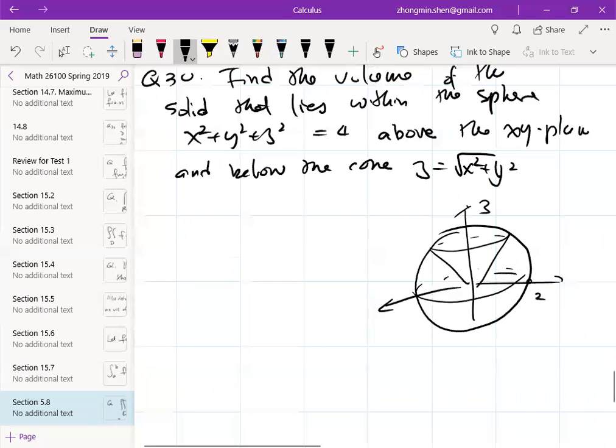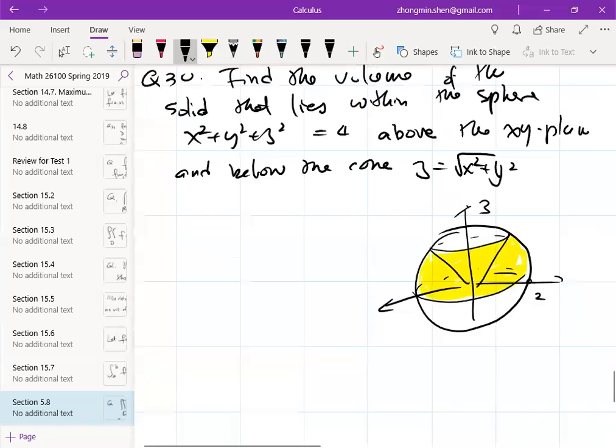But this time, let's describe the region. So we're talking about this part. Of course, if we can find the volume of the top one, you can use a subtraction, minus the volume of a semi-ball, minus the volume of a cone. That probably is the same difficulty level, so why not just find it directly?